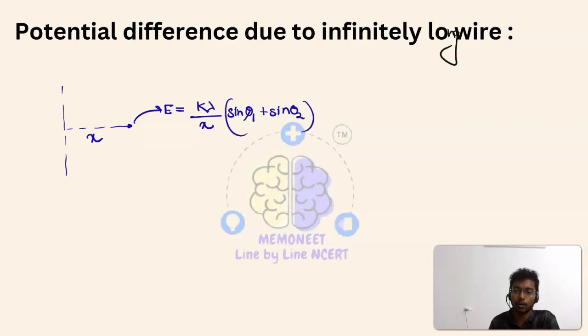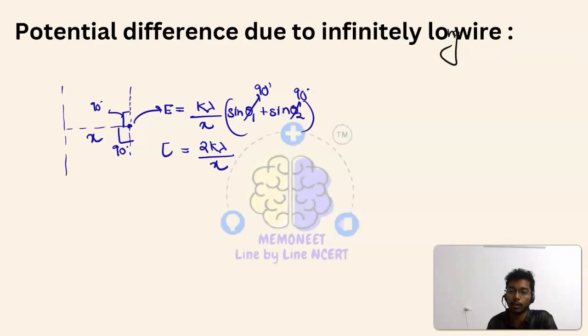Here theta 1 is 90 degrees, as I discussed earlier, because for a long wire we assume the ends meet at infinity. Likewise, for the bottommost position, this will also be 90 degrees. Sine 90 is 1, so we have 2k lambda upon x. So for the electric field we know it is 2k lambda upon x.